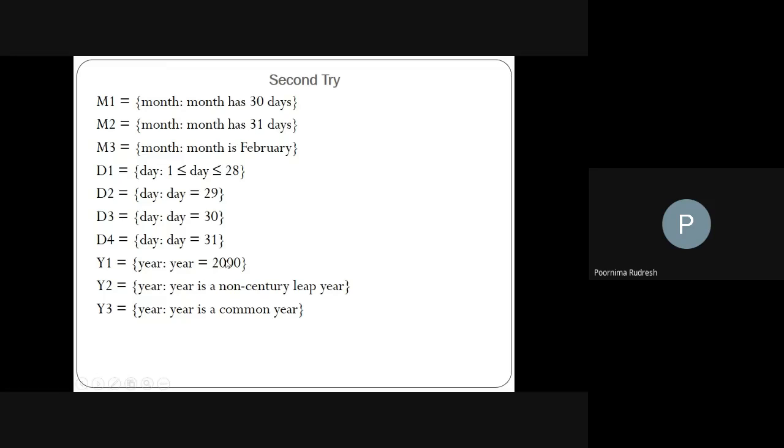The Y2 year is the non-century leap year, and the second one is the not a leap year, or the common year. If you give 1993, then it is not a leap year and it is a common year. So these are all the values we considered.